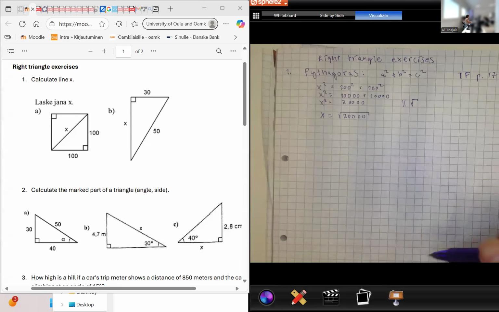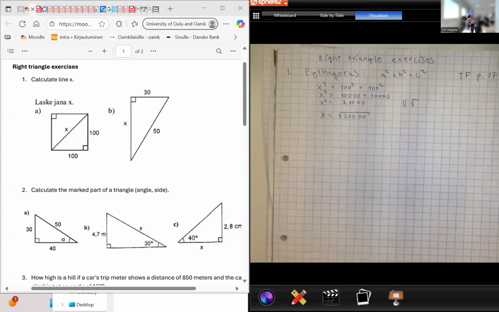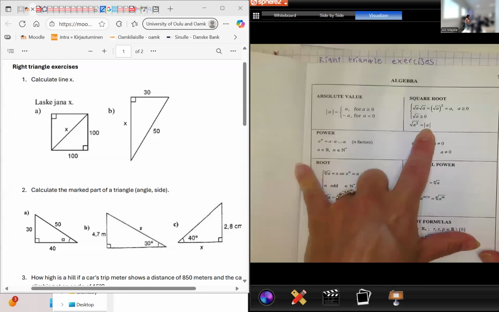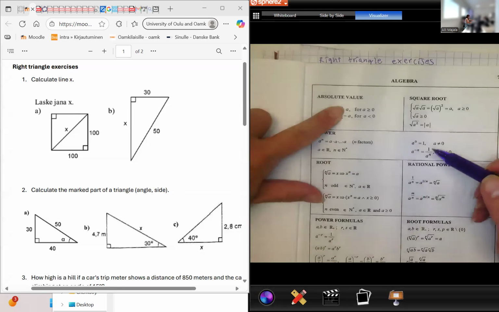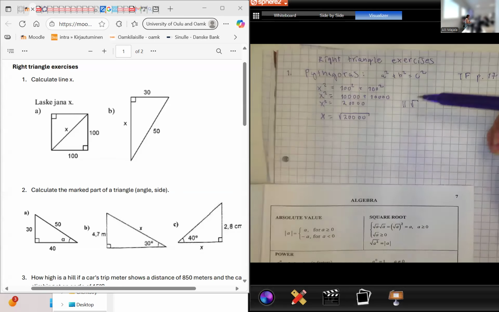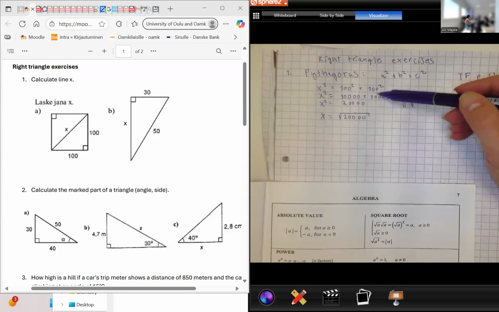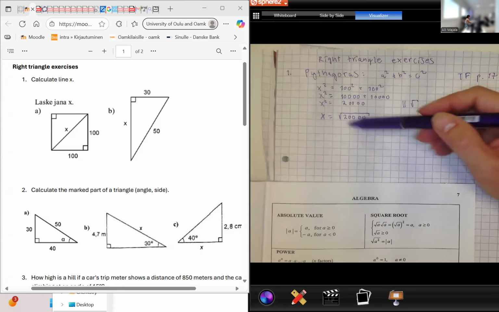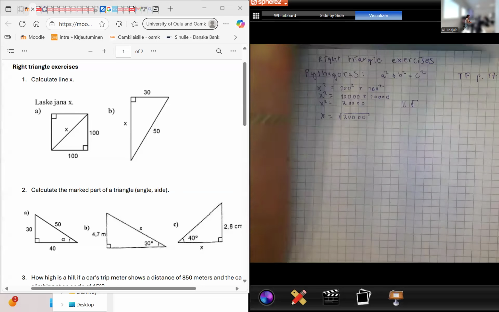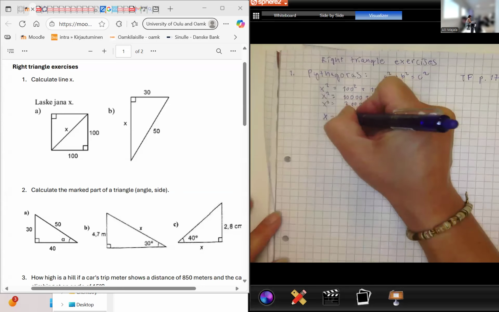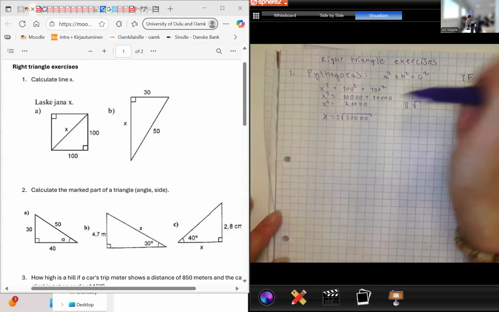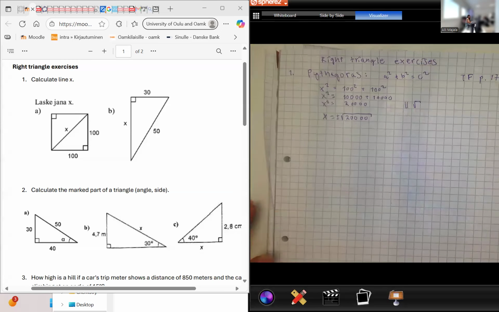And then what this says here is that you get the absolute value, which means that what's in the power of 2 can be either negative or positive. So you usually even write like this. But of course here it can't be negative.